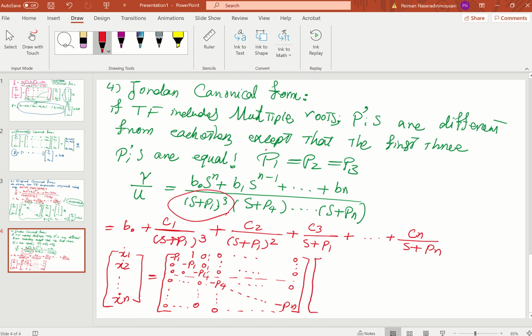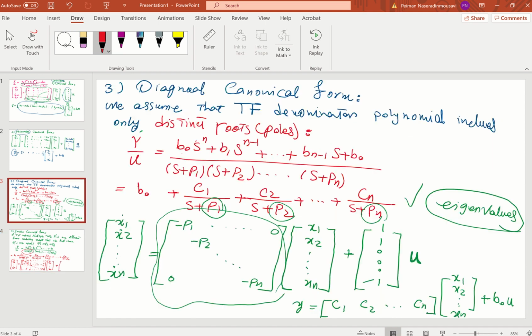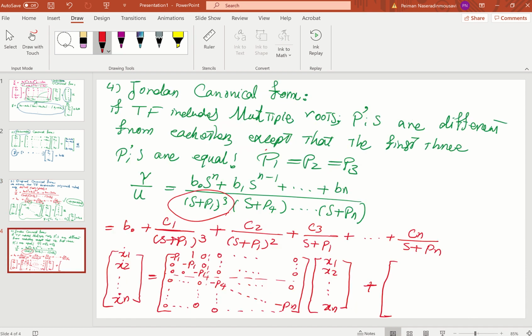So your state variables, plus your B, which is different from the diagonal canonical form. It is 0, 0, 1, 1, 1.